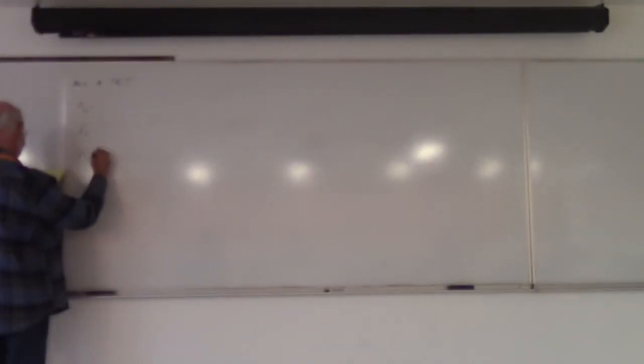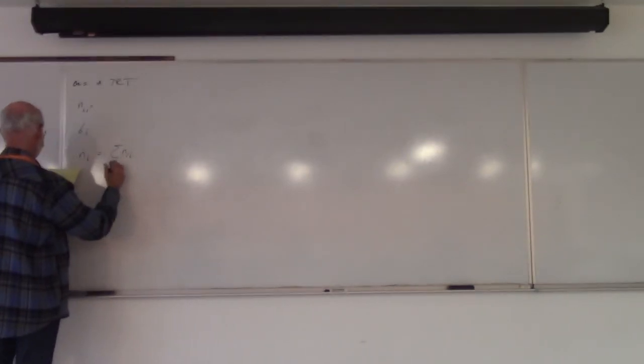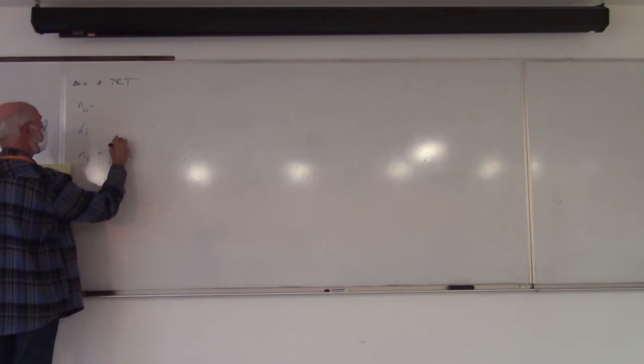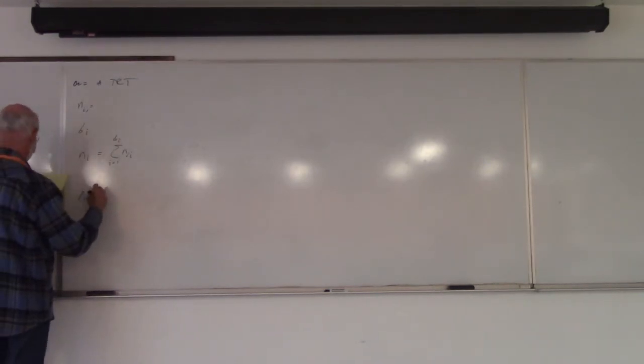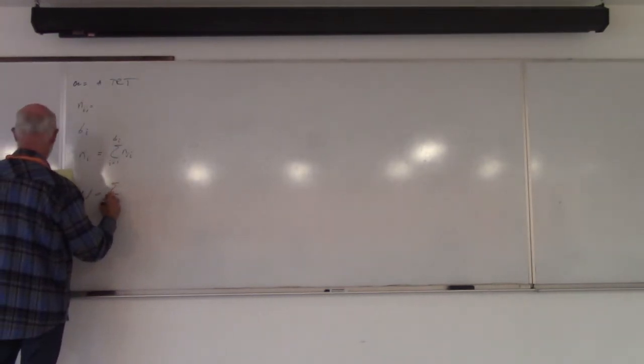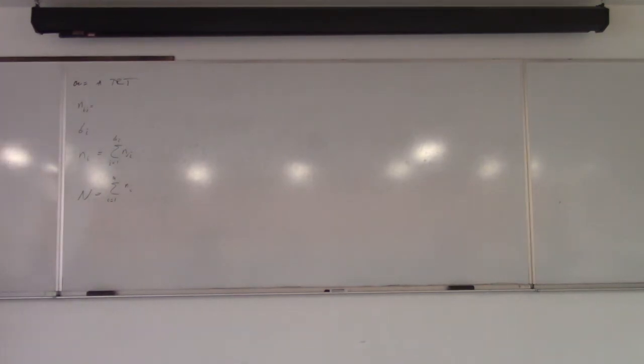Ni is going to be the sum of the Nij's from j equals 1 to B sub i. Okay? And then N is going to be the sum from i equals 1 to A of all the Ni's. That's the total number of observations. Okay. Let's do the easy one first.